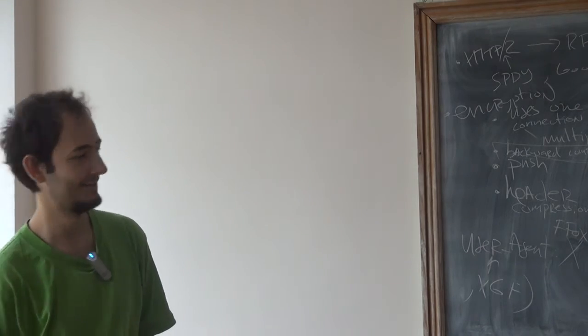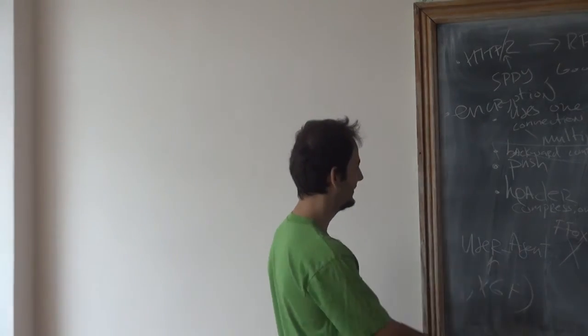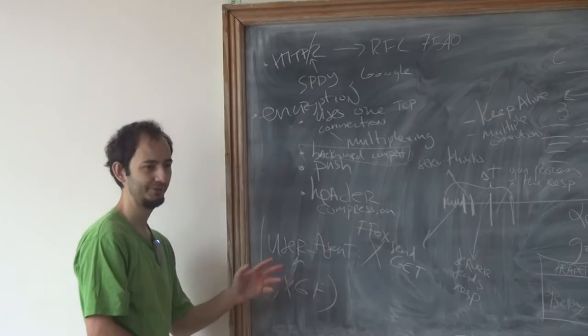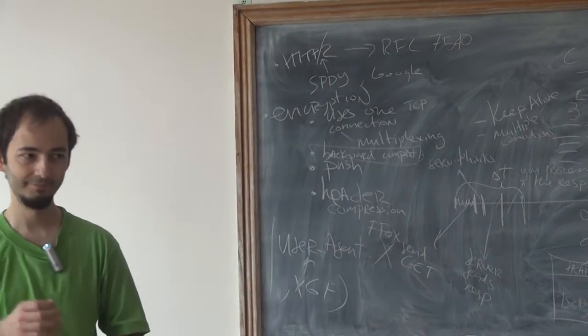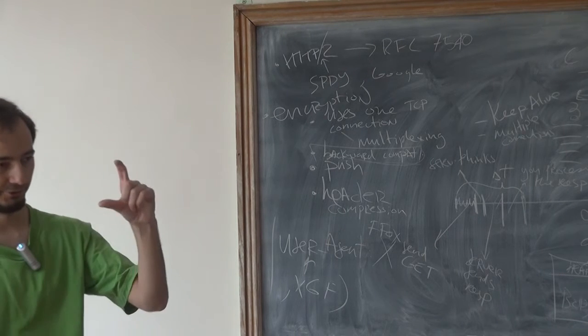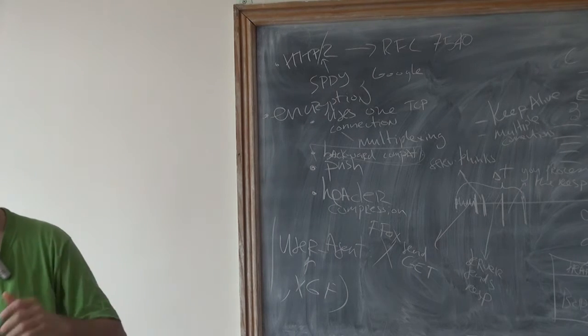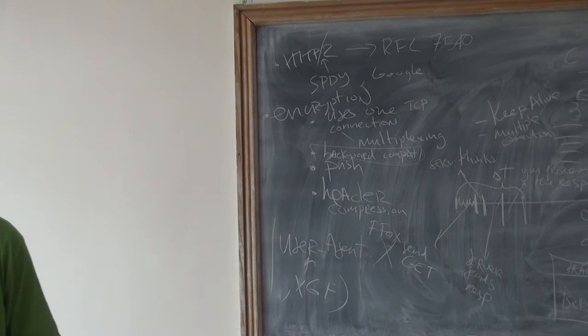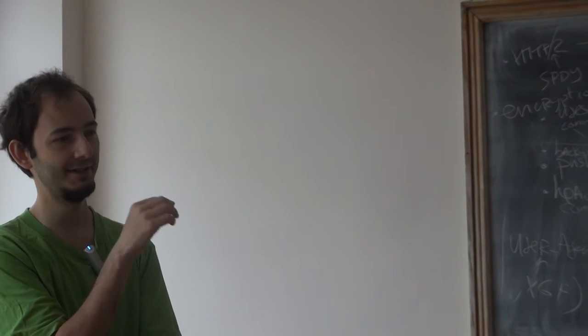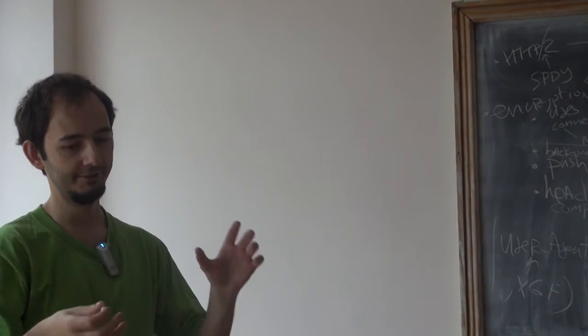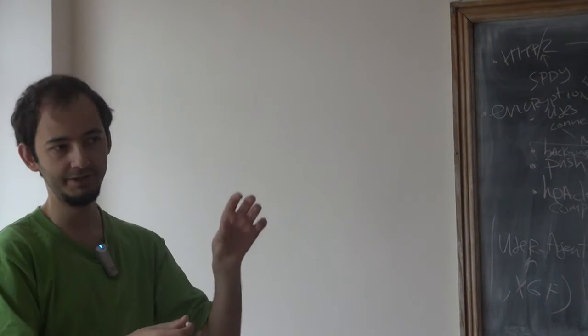Only to the extent that from now on, you won't be able to just use Wireshark to sniff it. You will have to probably do a little bit more if you want to see the headers. Probably a new version of Wireshark will take care of that. Wireshark has this thing known as a dissector. It's a little parser for any given protocol.